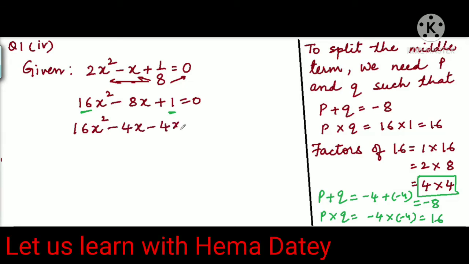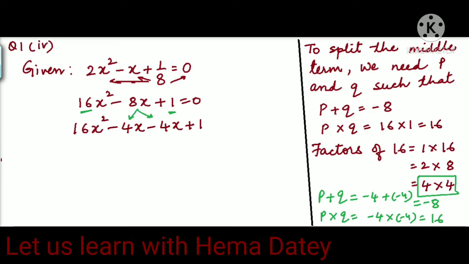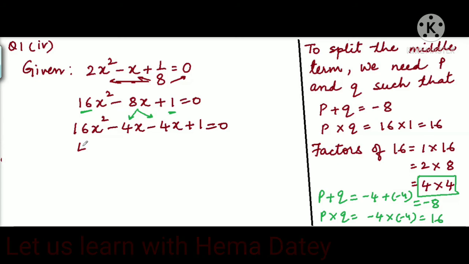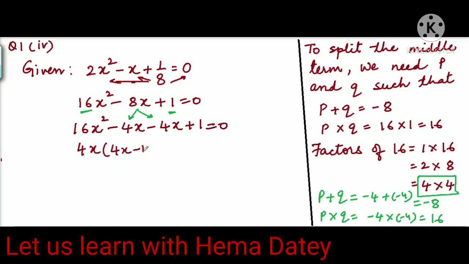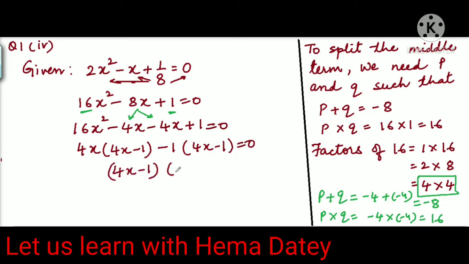Now let's split the middle term 8x. We'll write 16x² - 4x - 4x + 1 = 0. From the first two terms we will take 4x common and inside the bracket we will be left with 4x - 1. From the last two terms we will take -1 common and inside the bracket we will be left with 4x - 1 = 0.